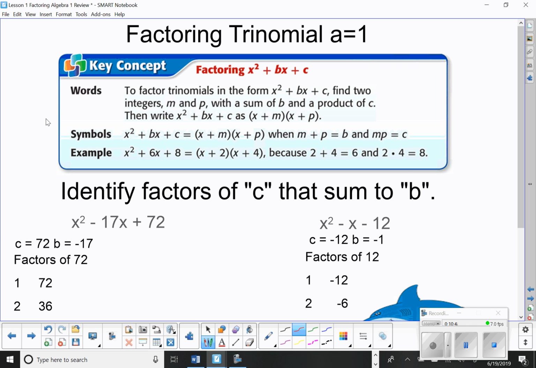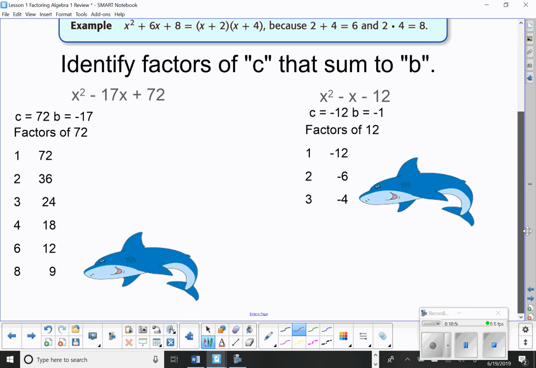In this key concept, I just cut and pasted from the textbook that you would be using. So it's an example there. Identifying factors of c that sum to b. You can list them all out, but hopefully you can also do it in your head. If I'm factoring x squared minus 17x plus 72, a is equal to 1, b is equal to negative 17, and c is 72.